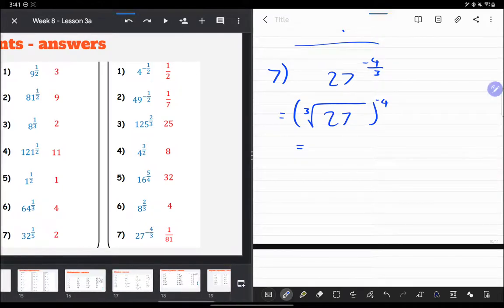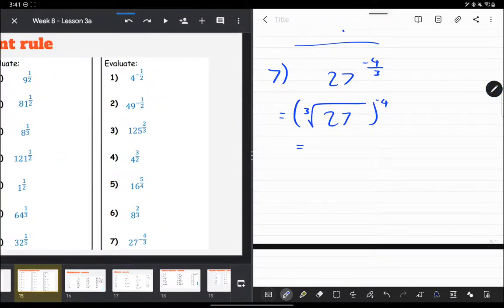Okay, let's go back to the question. Cube root of 27 is 3, isn't it? 3 cubed is 9 times 3, 27. So it should be 3 to the power of 4, because it's a negative.